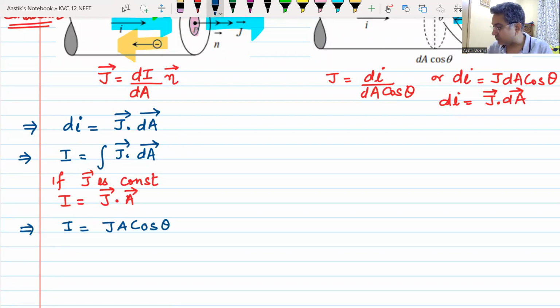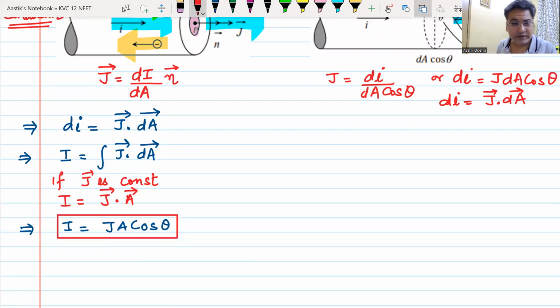What is theta here? Who is going to tell me what is theta here? And this is the formula that will come in your case. They will not give you variable current density. I have not even seen a question in JEE up till now. What is theta here? No one knows it.